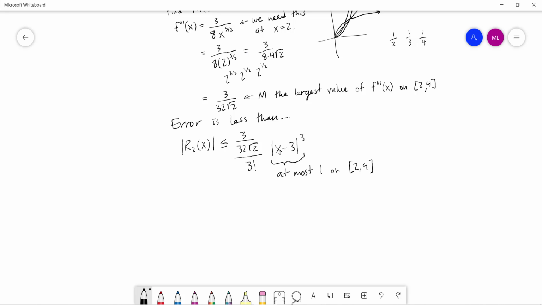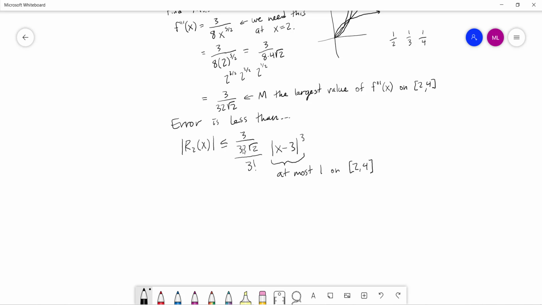Right? It's always going to be a value between basically 0 and 1 because it's absolute value, so it has to be positive. When you're at x equals 3, you get 0. When you're at x equals either 2 or 4, we're 1 away from 3, and we cube that value and get 1. So at most, this gets up to a value of 1.